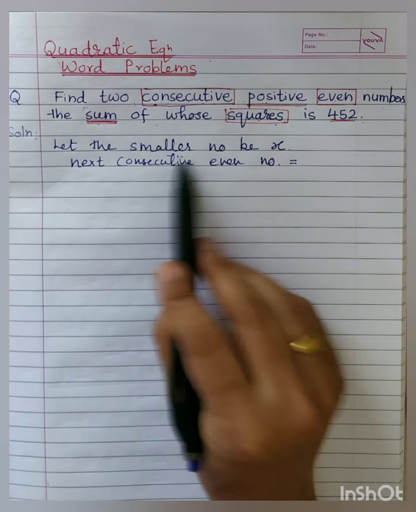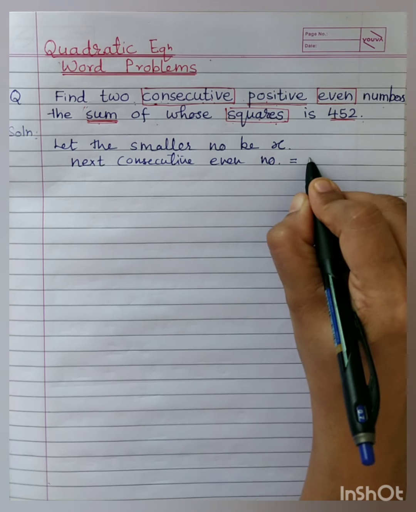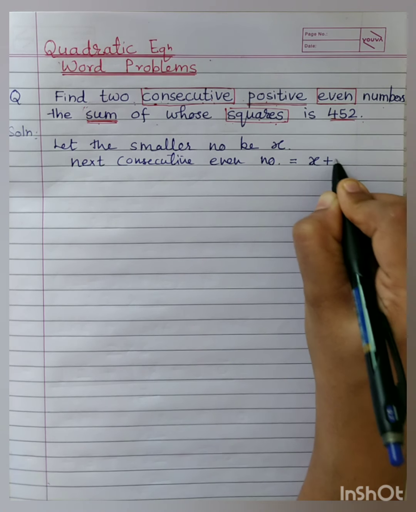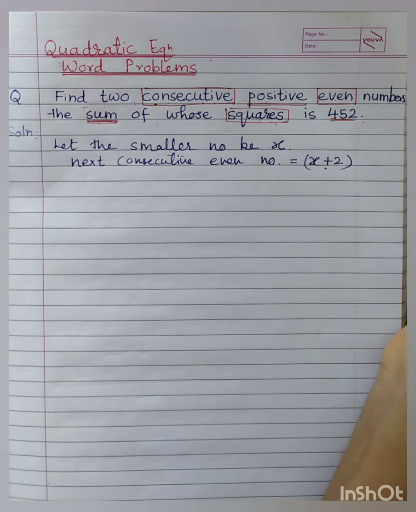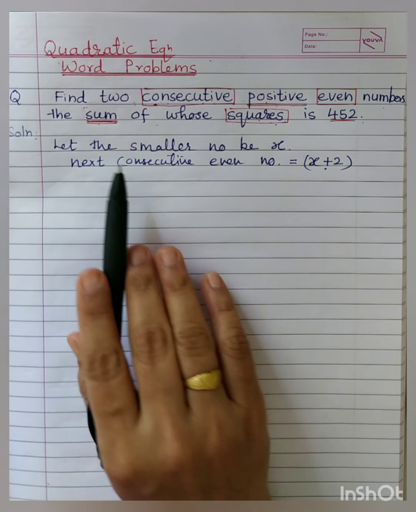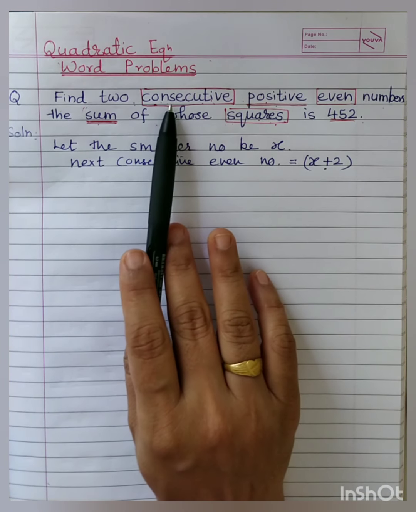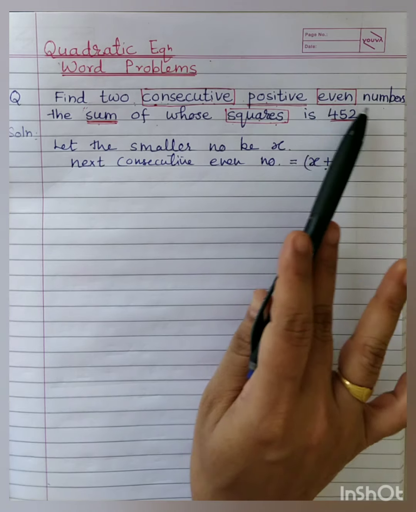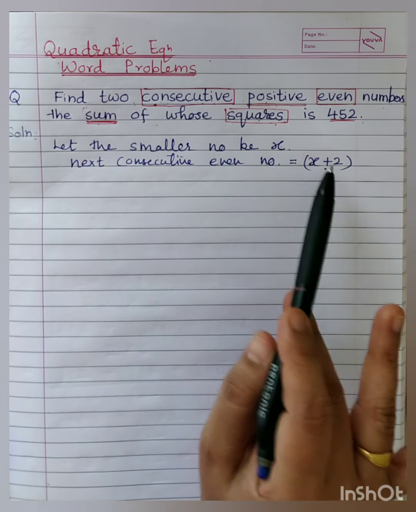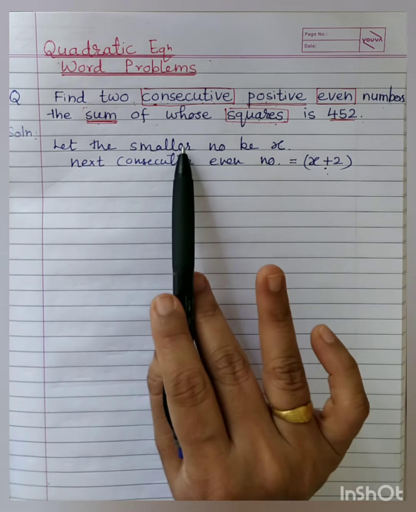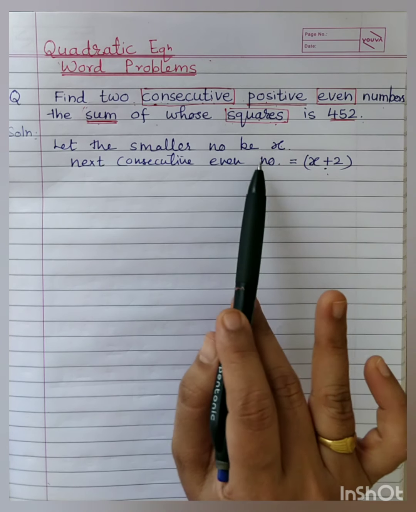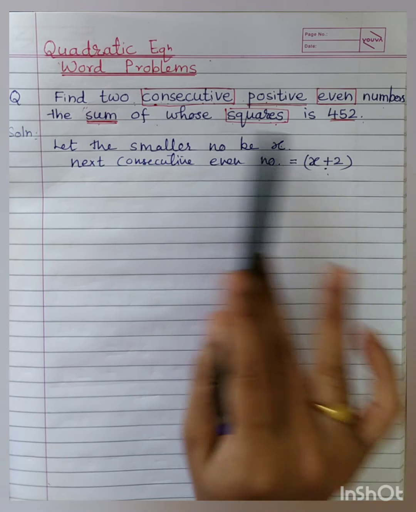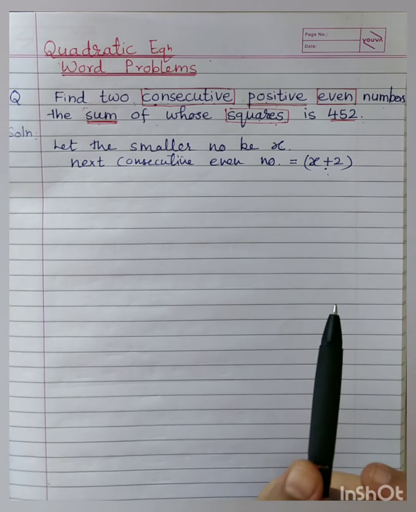So if my smaller number is x, my next number will be x plus 2. This part has to go correct. So first thing we have done, that our two consecutive even numbers are x and x plus 2. Had I assumed the greater number as x, the smaller number would have come x minus 2. I think this part is very clear to you all.